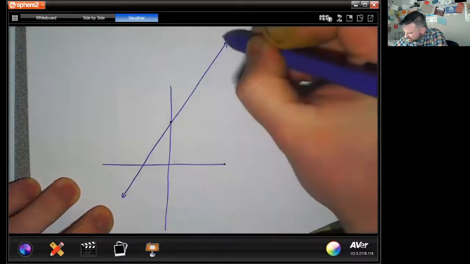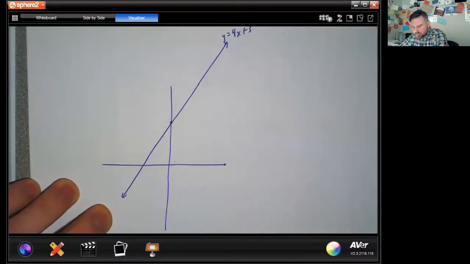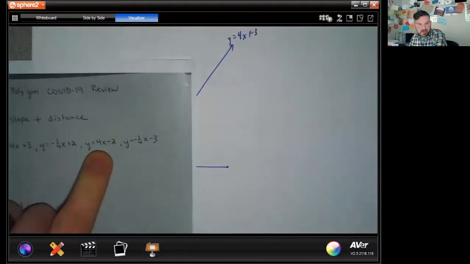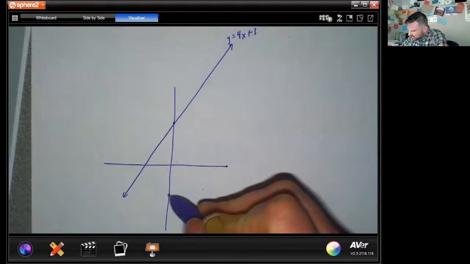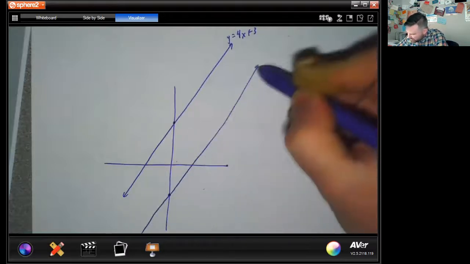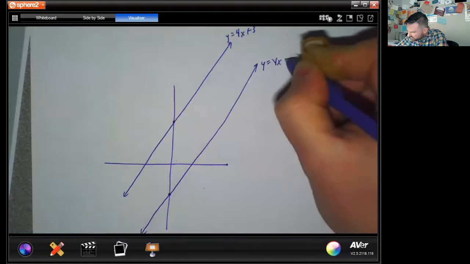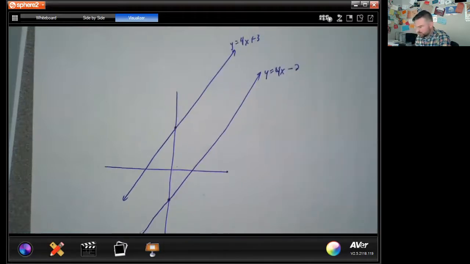So y equals 4x plus 3. Looking through here, I have another line that is 4x minus 2. So let's say 4x minus 2 is down here. It has the same slope of 4. So this is y equals 4x minus 2. So those two are parallel to each other.